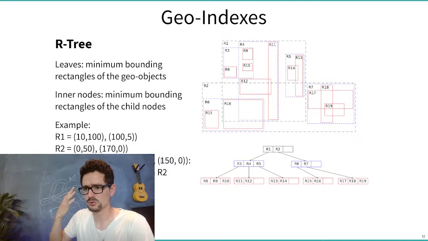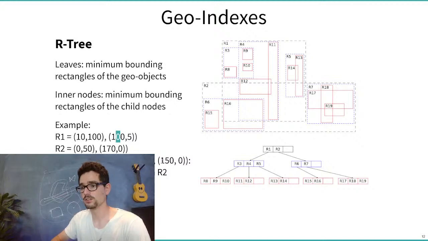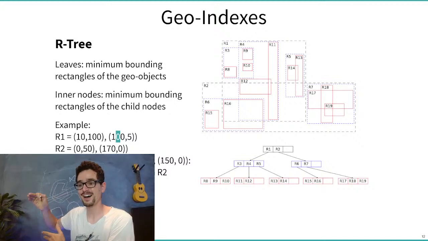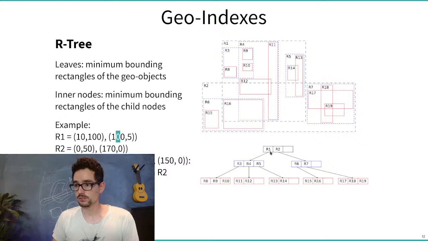You now have to imagine this in your head, how so 10, 100 and then 105. So it is far away from that other rectangle. They do not overlap, so it's not necessary to search in this part of the tree.